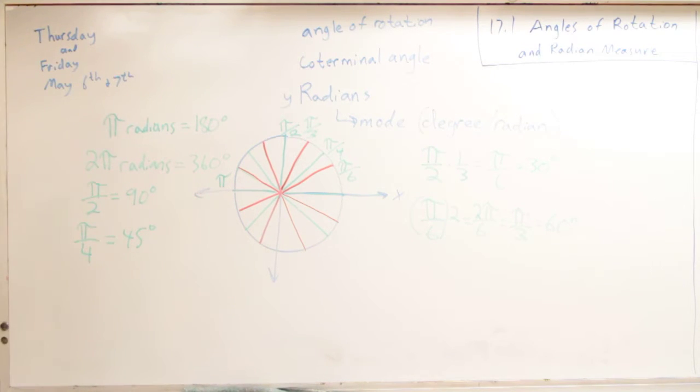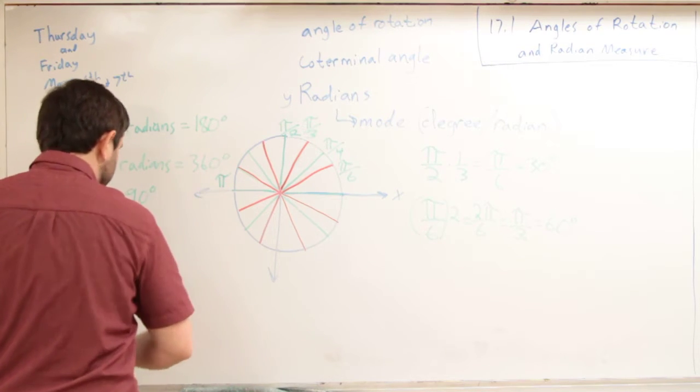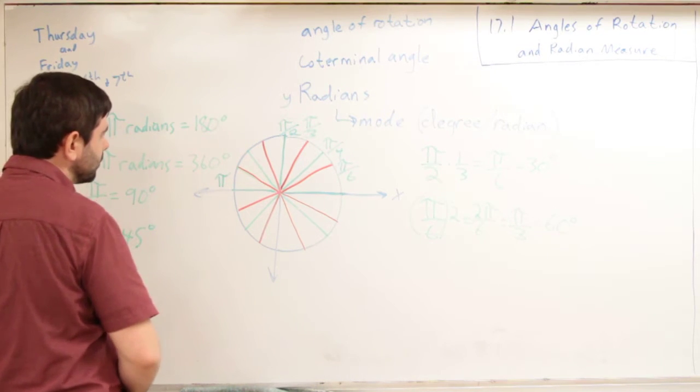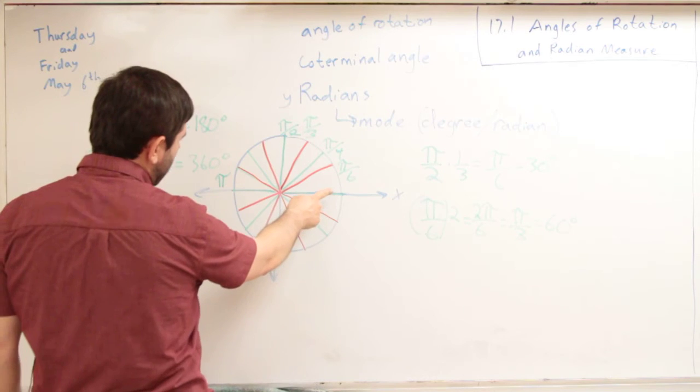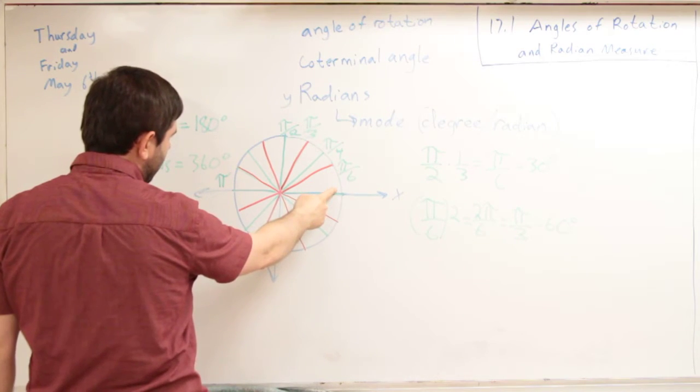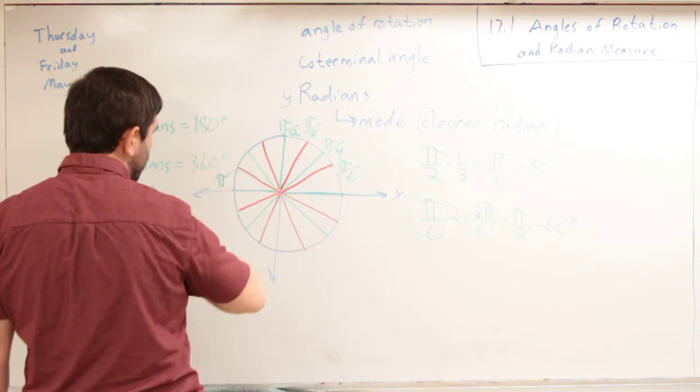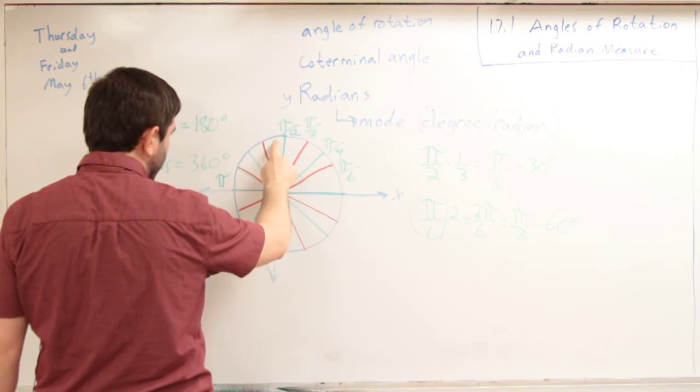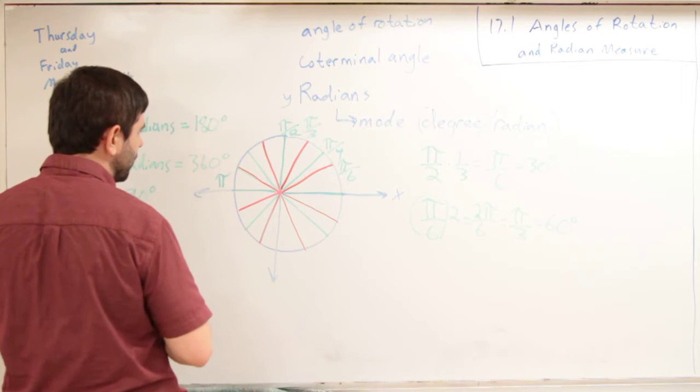Okay, so this is our circle. Well, we know that 30 degrees is pi over 6. 90 degrees is pi over 2. So if we do pi over 2 plus pi over 6, that will give us our next point over.